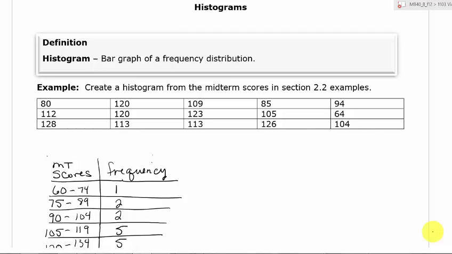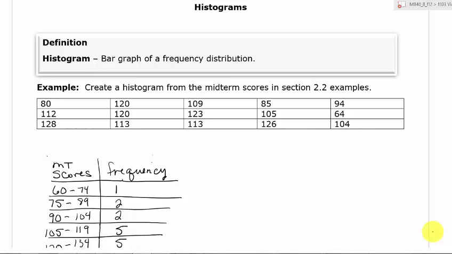This video is about histograms, and basically a histogram is a bar graph of a frequency distribution. So we're going to use the same data set that we used to create our frequency distributions in the last video to create a histogram.